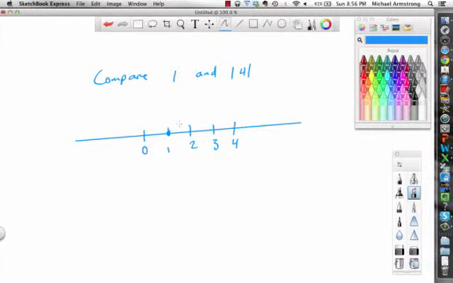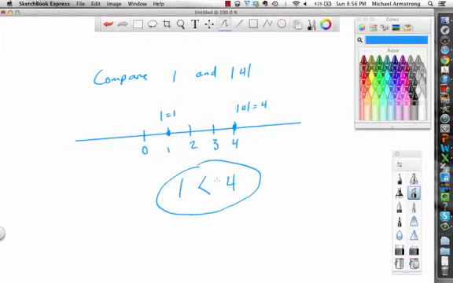The absolute value of 4 is how far is something from 0? It's 4 units. When you write them on a number line like this, you can see that absolute value of 4 is 4, and 1 is 1. And then you just have to say, since 1 is to the left of 4, that means it's smaller. So 1 is less than 4.